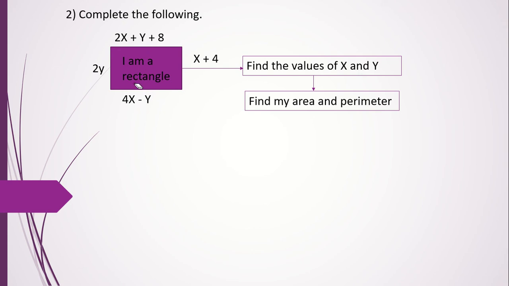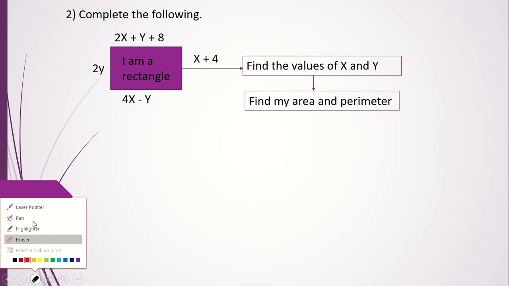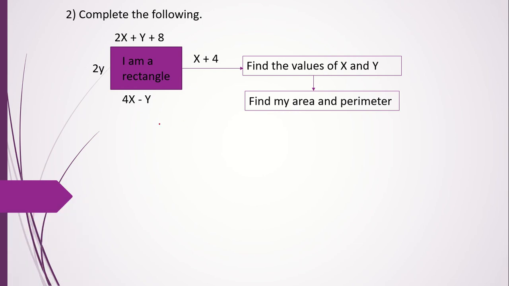Opposite sides of rectangle are congruent. This is what we've been learning. So just equate the opposite sides and you will get the equations, equation number 1 and equation number 2. So I will get 2y is equal to x plus 4.